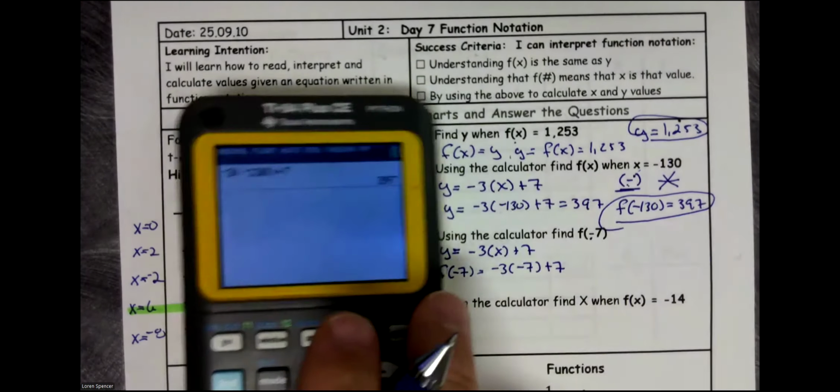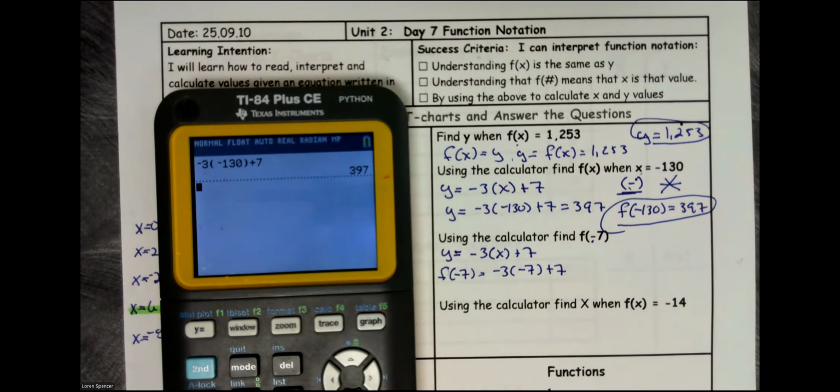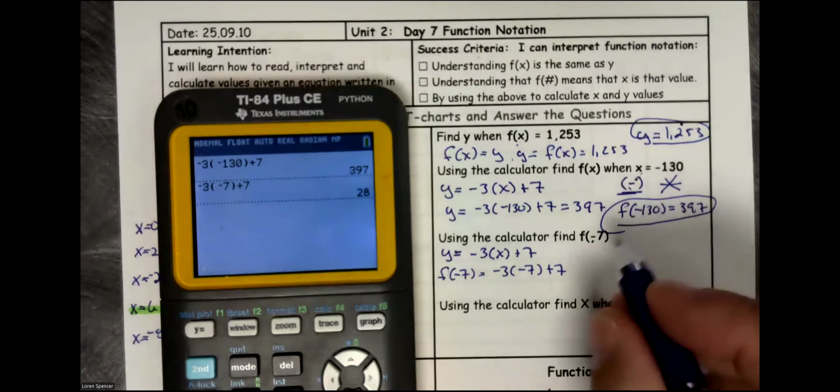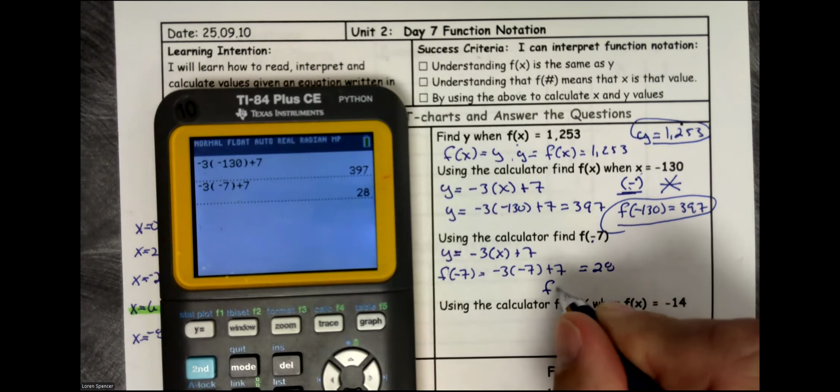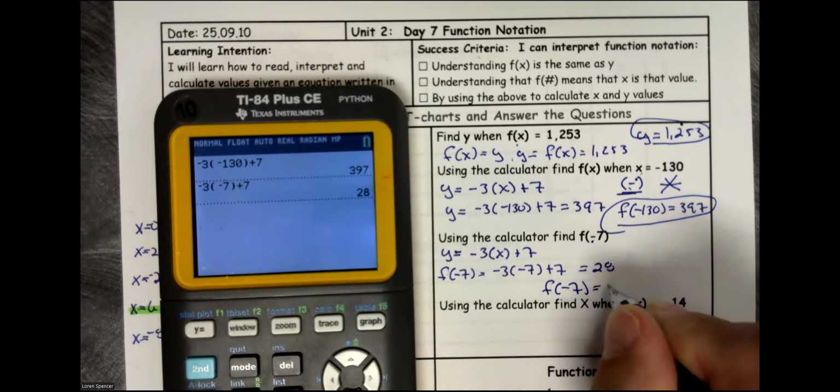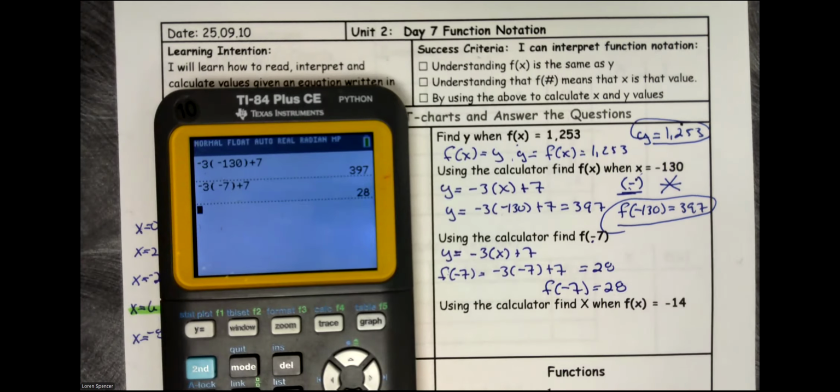Now, I recognize I could probably have scrolled and gotten that faster. So we have negative 3 parentheses negative 7, close the parentheses, plus 7, and we get 28. So f of negative 7 equals 28.